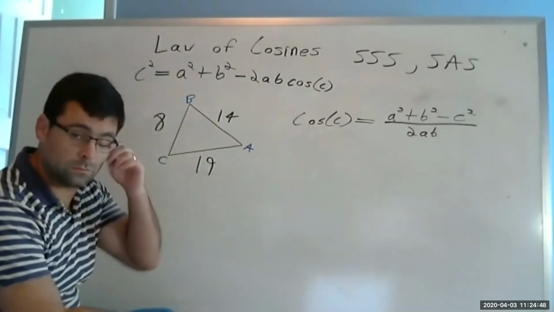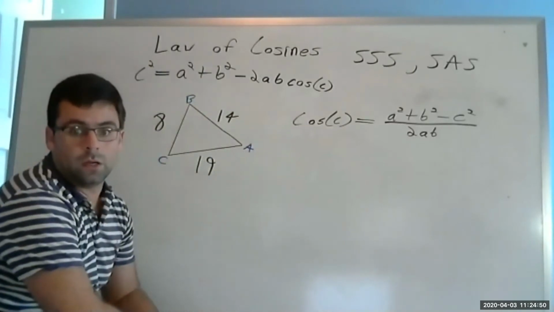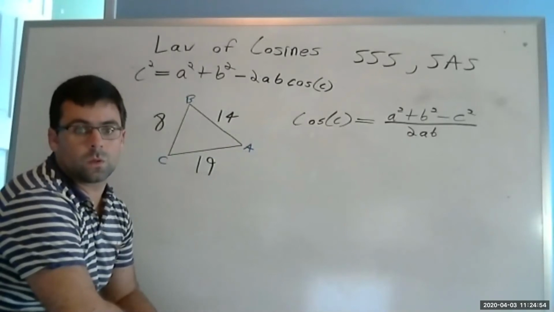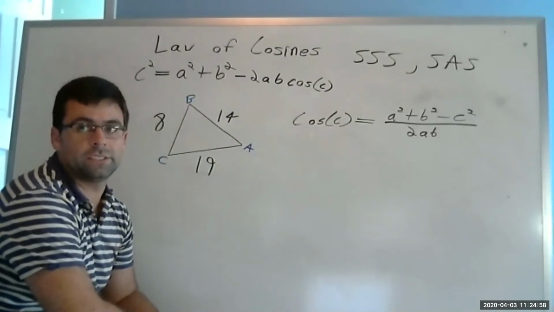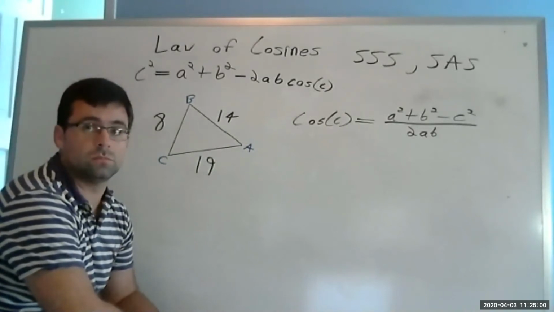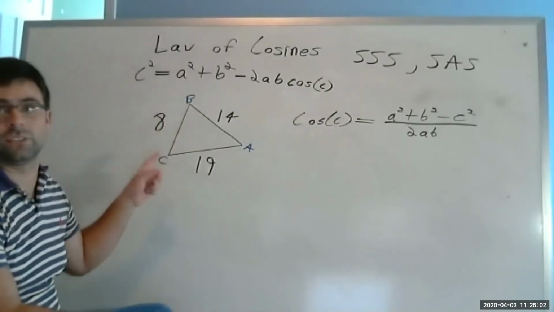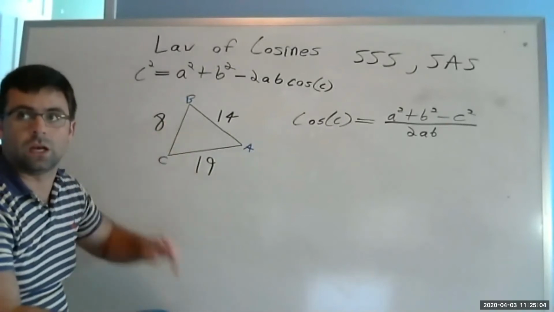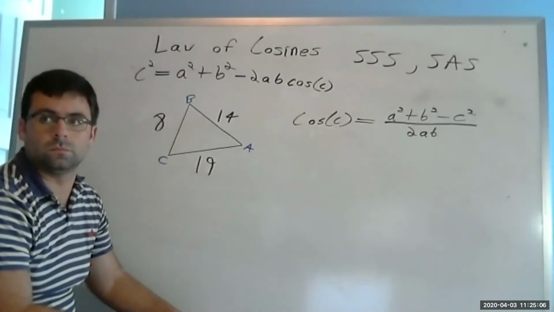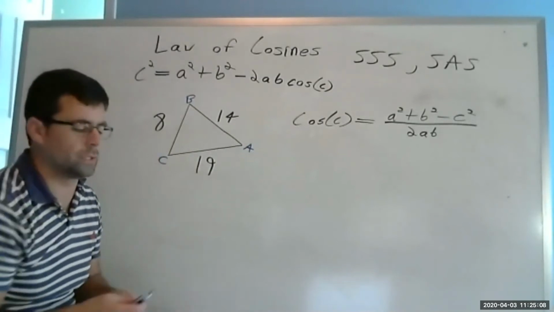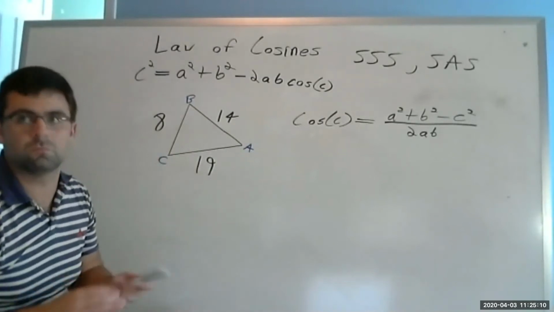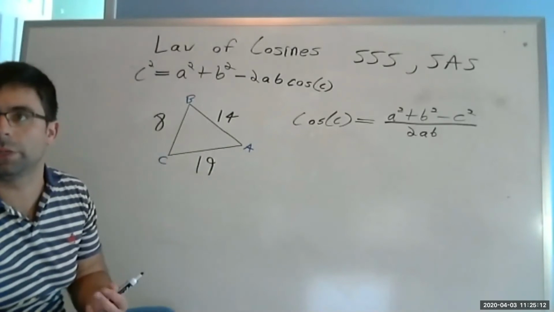So let's solve this. And again, it's not to scale. I mean, I recognize all three sides look about the same size, but the numbers don't look the same size. So just understand that, be comfortable with it.